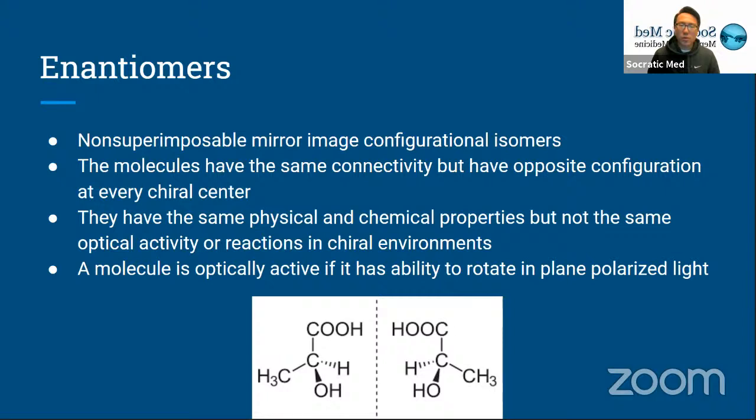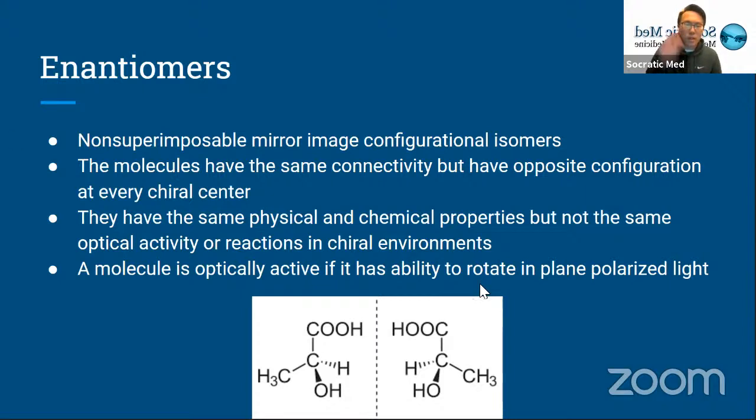These molecules have the same connectivity of their atoms, but they have opposite configurations at every chiral center. So if an enantiomer has all R configurations, the other one will have all S configurations. It'll have all the opposite configurations.